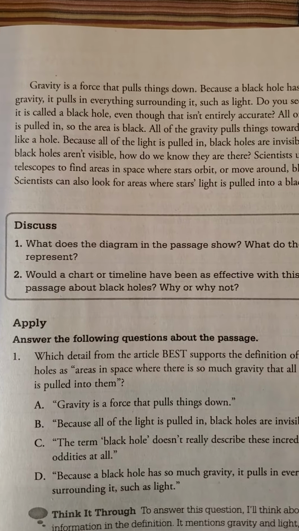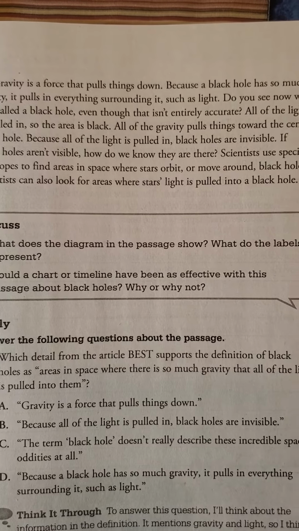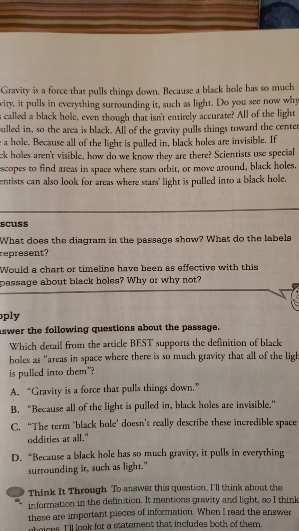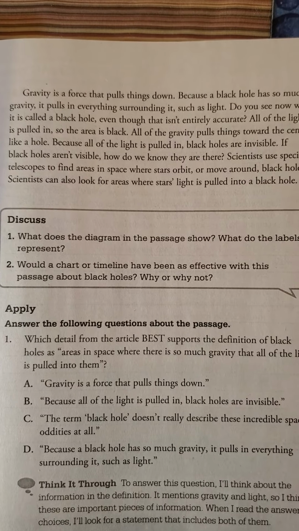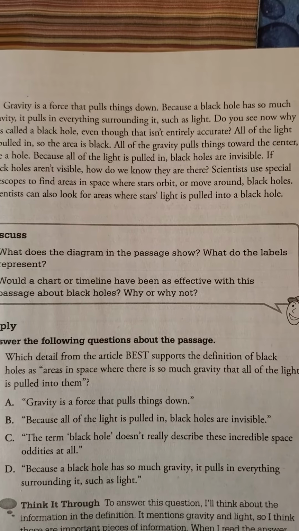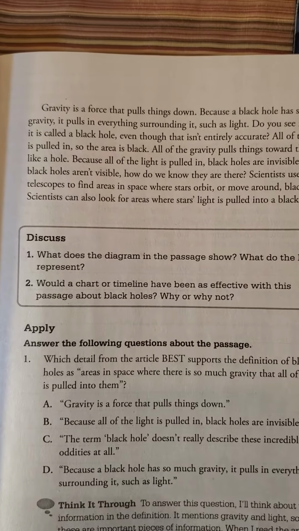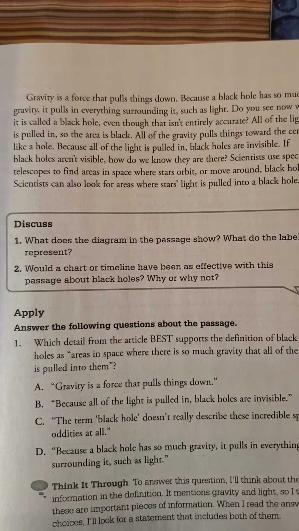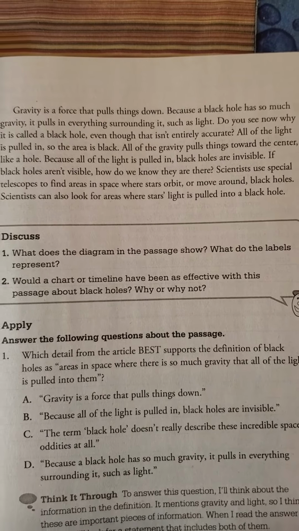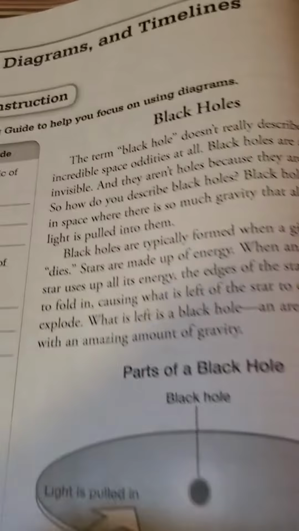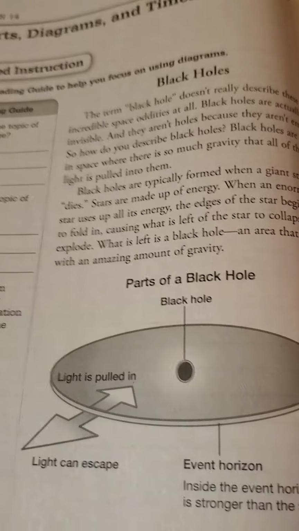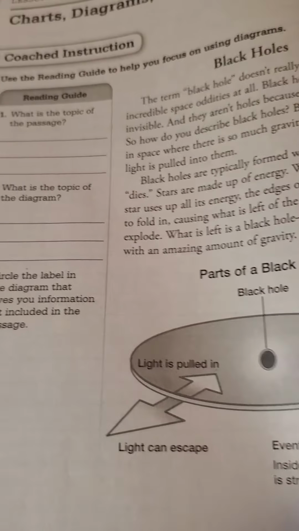If black holes aren't visible, how do we know they are there? Scientists use special telescopes to find areas in space where stars orbit, or move around, black holes. Scientists can also look for areas where stars' light is pulled into a black hole. Wow, that was a very interesting read. And look for more information about black holes on Google.